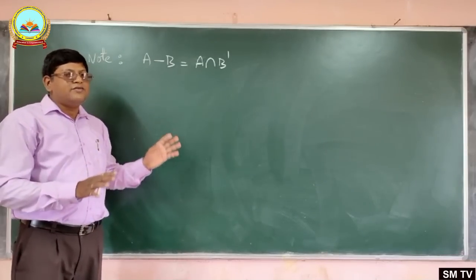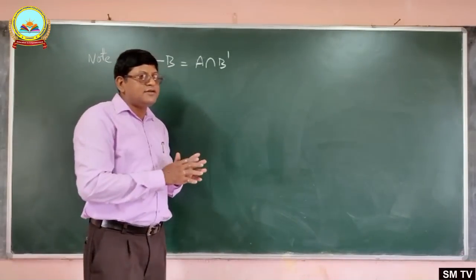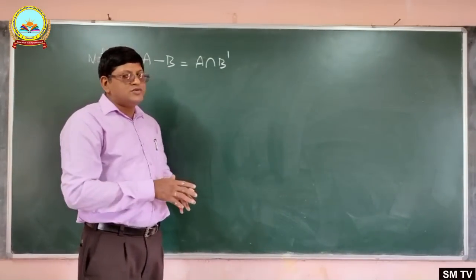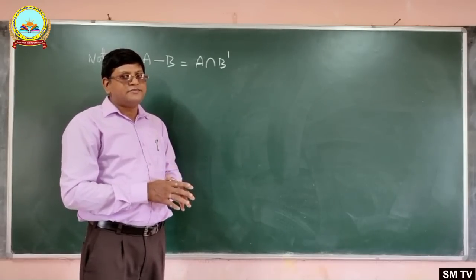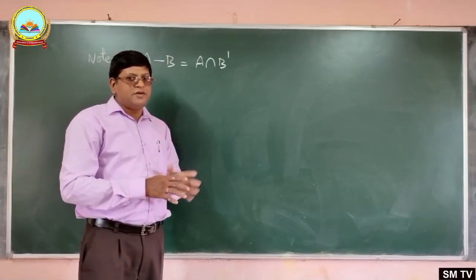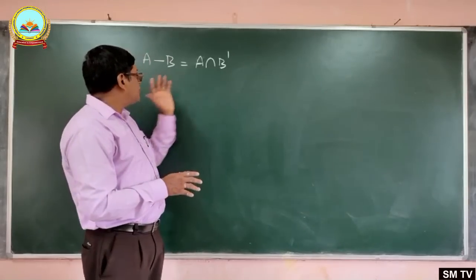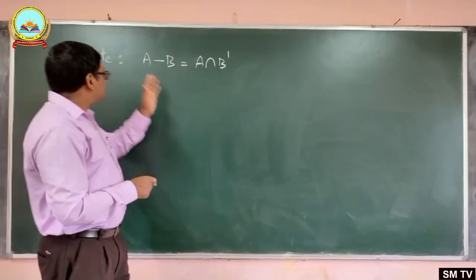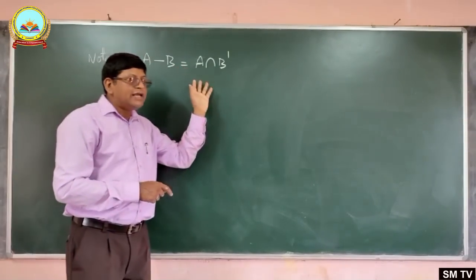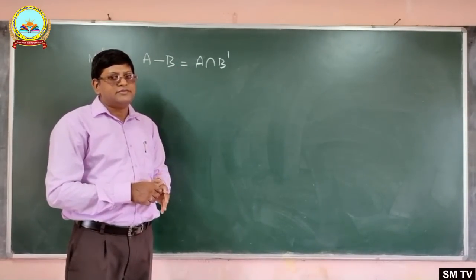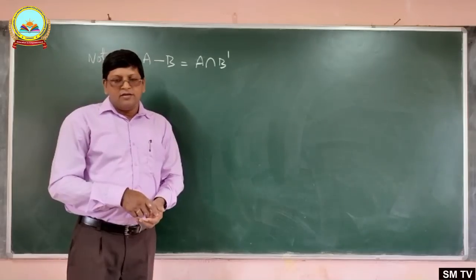You can easily verify this result through drawing Venn diagrams, okay? This result is very useful in the chapter probability theory, okay? So just make a note of this. For any two sets A and B, A minus B is A intersection B dash, okay?